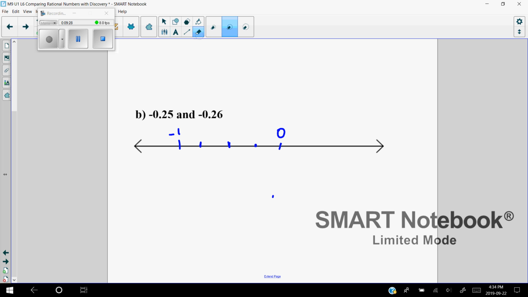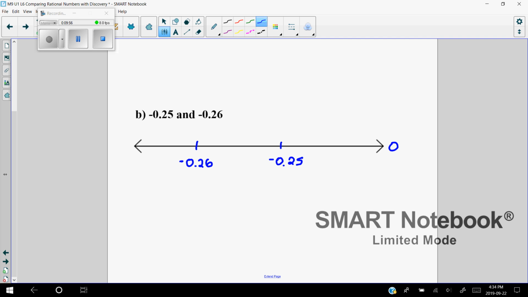I'm going to change the labeling just so I can make it a little clearer what's happening here. Okay, I'm going to make one point as -0.26, and then 1 point as -0.25. And notice that this is the direction that 0 is going to go. The bigger the negative number, the smaller it is.